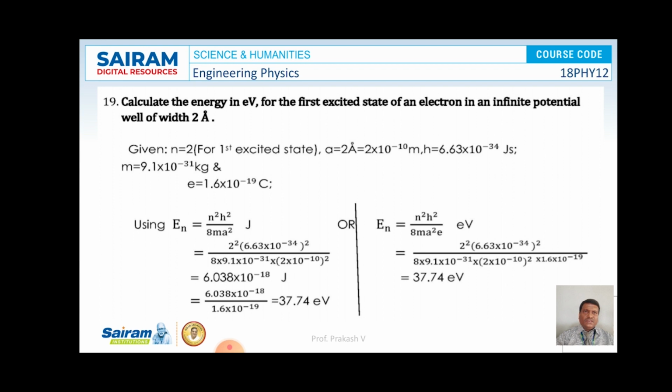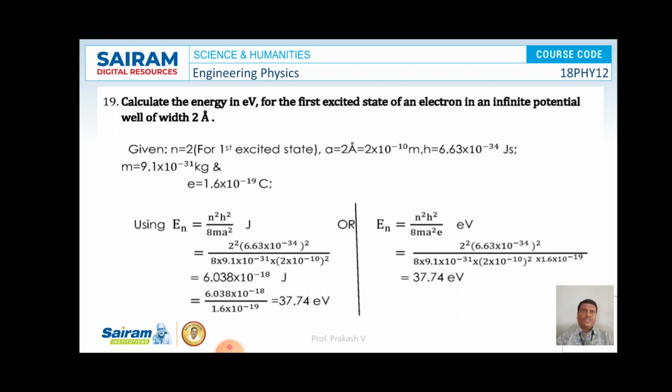Calculate the energy in electron volt for the first excited state of an electron in an infinite potential well of width 2 angstrom. So here the value of n is given as 2, that is for first excited state, and width is given as 2 angstrom, that is 2 into 10 to the power minus 10 meter, and h is equal to 6.63 into 10 to the power minus 34 joule second, and mass of the electron is 9.1 into 10 to the power minus 31 kg, and charge on the electron is 1.6 into 10 to the power minus 19 coulomb.